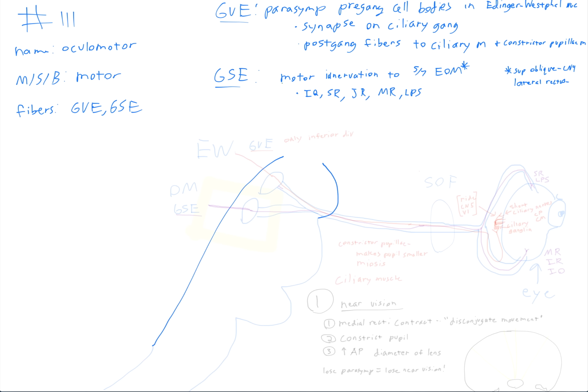Okay? So they are going to both send fibers out into one nerve. Right? When it leaves the brainstem, it's one nerve. That one nerve, when it leaves, is going to pass through the posterior cerebral and superior cerebellar arteries. So that's like your landmark.